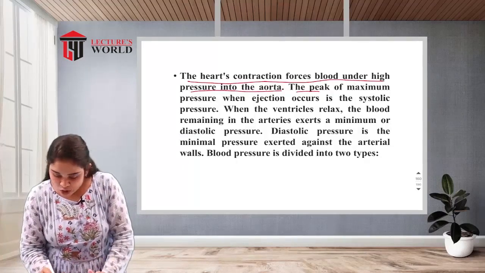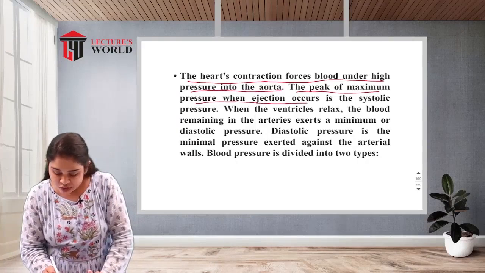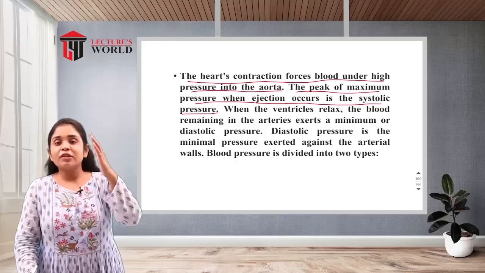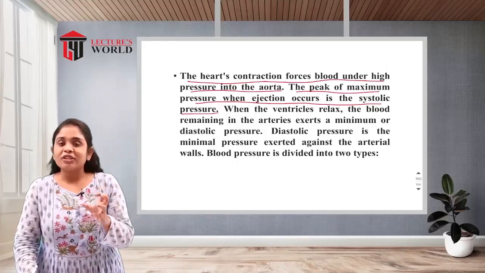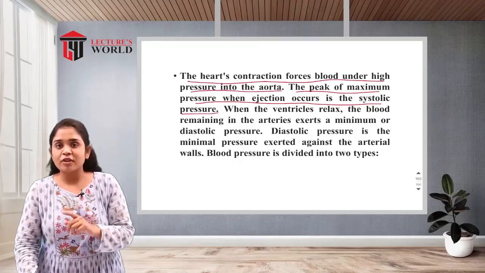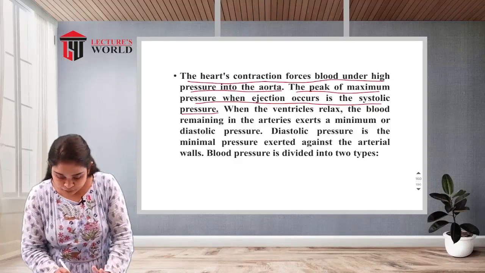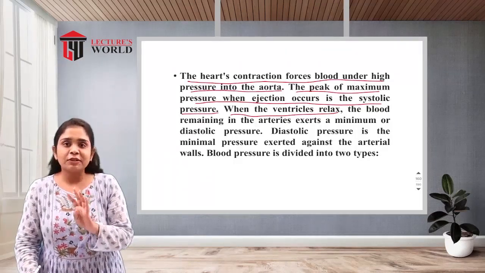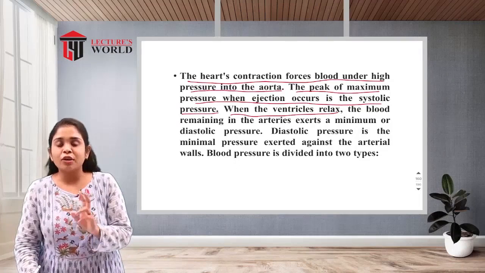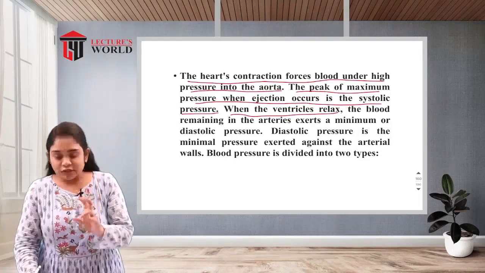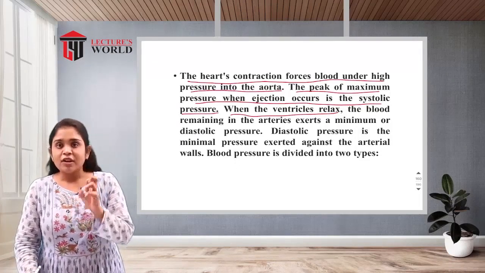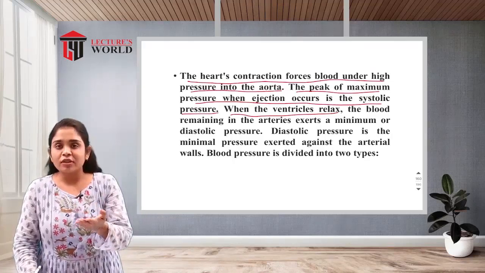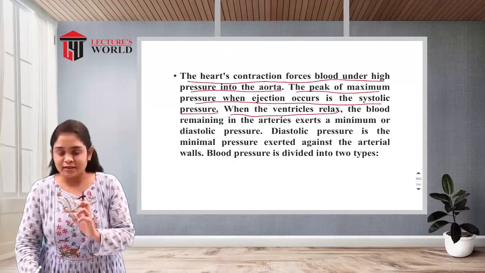The peak of maximum pressure when the ejection occurs is the systolic pressure. When it reaches the peak level, that is considered the systolic pressure of the blood pressure. When the ventricles relax, they are first filled with blood, and when the blood is ejected into the aorta, they relax.